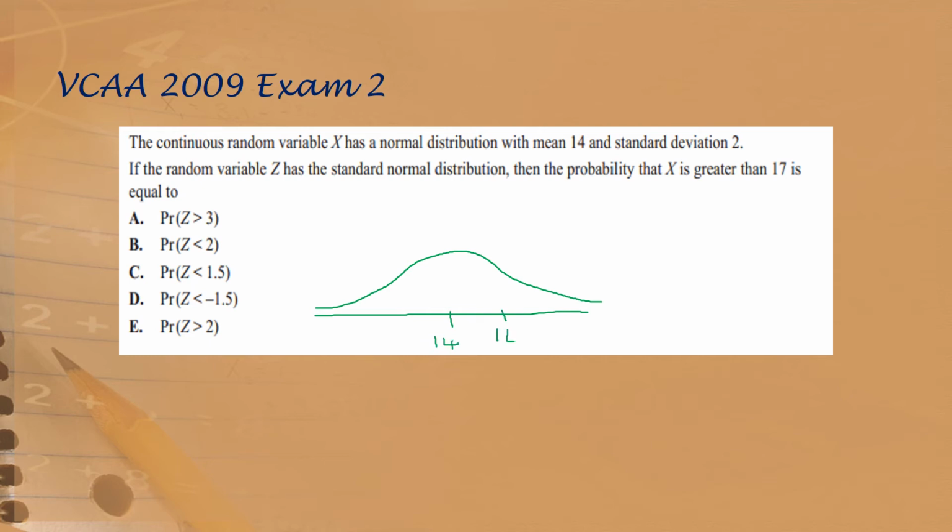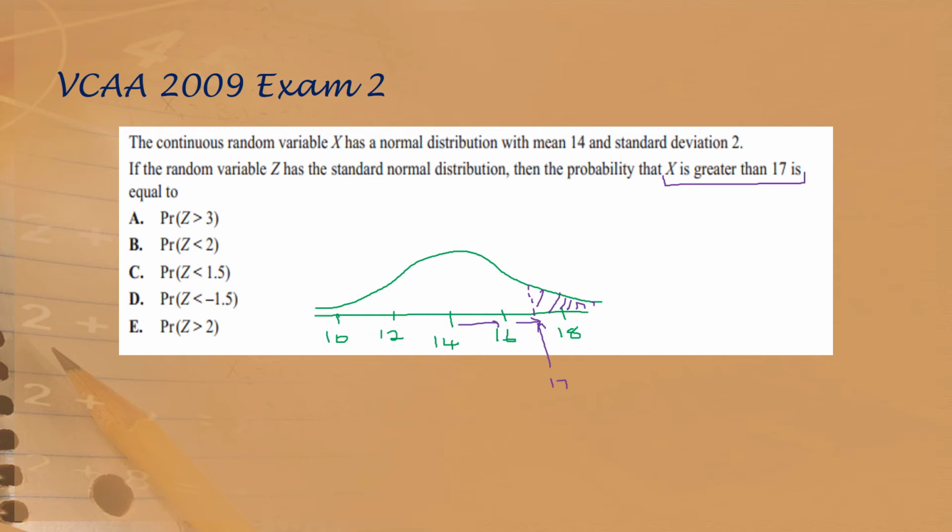We go 2 on either side, that's 1 standard deviation. If I was to go again, I'd get to 18 and 10. And I'm wanting the probability that X is greater than 17, which means I'm looking here. At this value, I have gone 1.5 standard deviations from the mean.